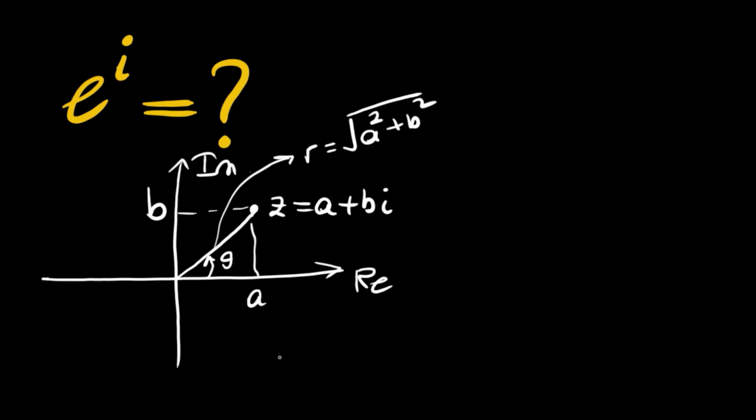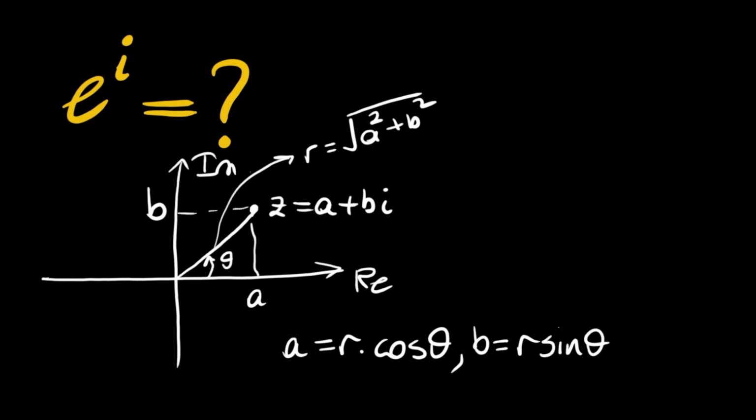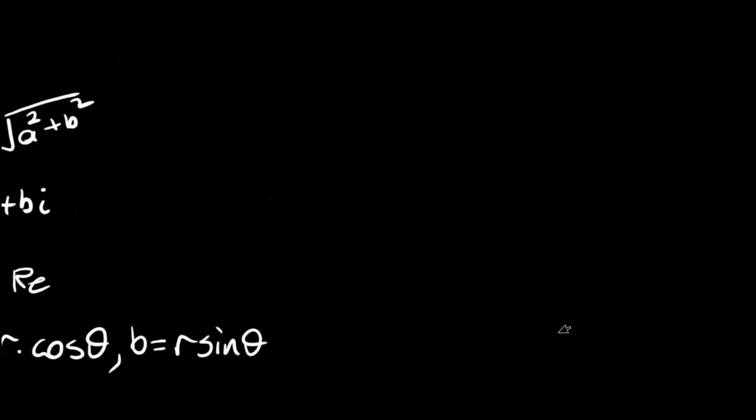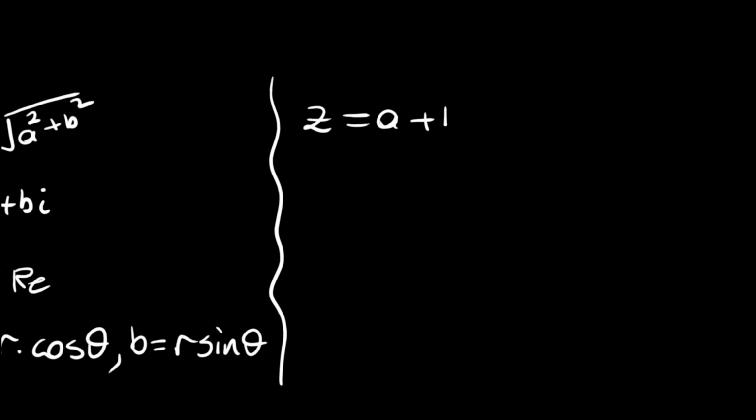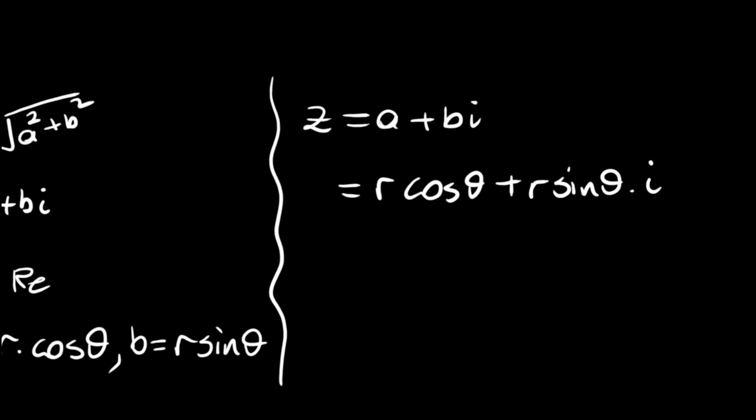then we just write a is equal to r times cosine theta and b is equal to r times sine theta. So z, which is equal to a plus bi, becomes r times cosine theta plus r times sine theta times i, which can be written as r times (cosine theta plus i times sine theta).